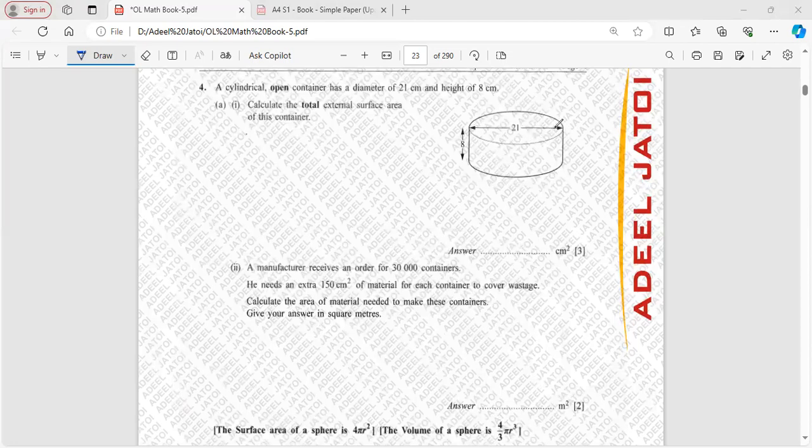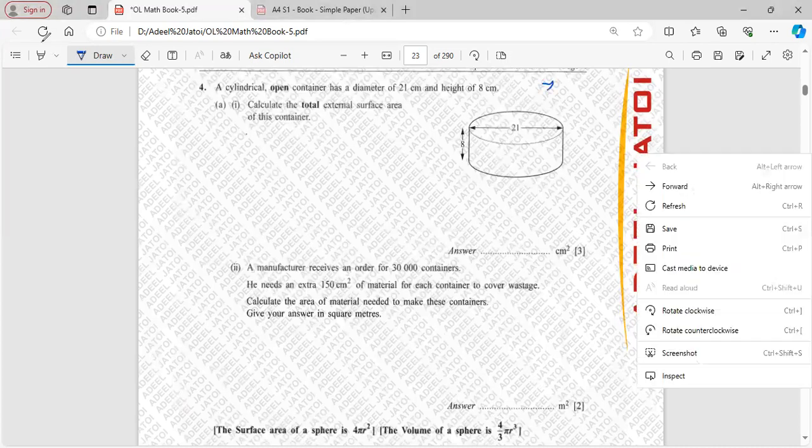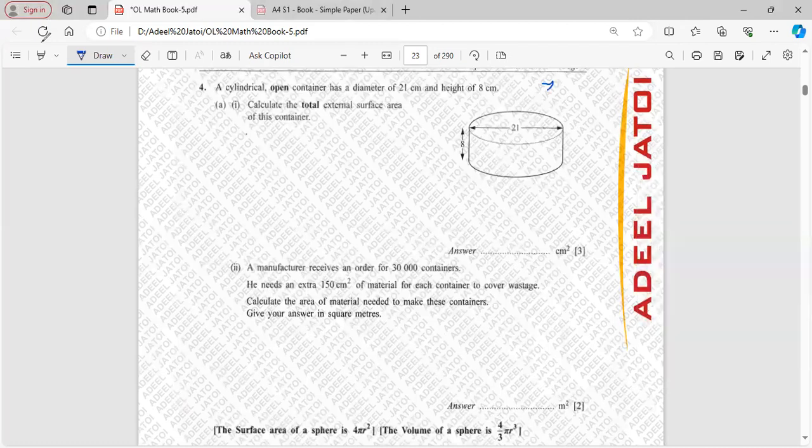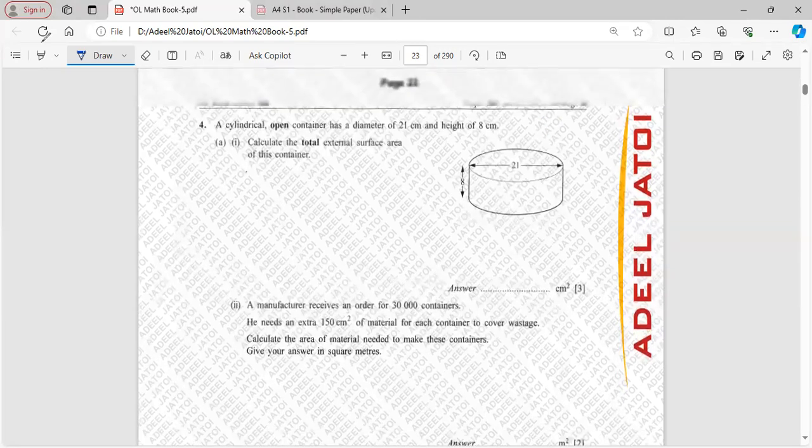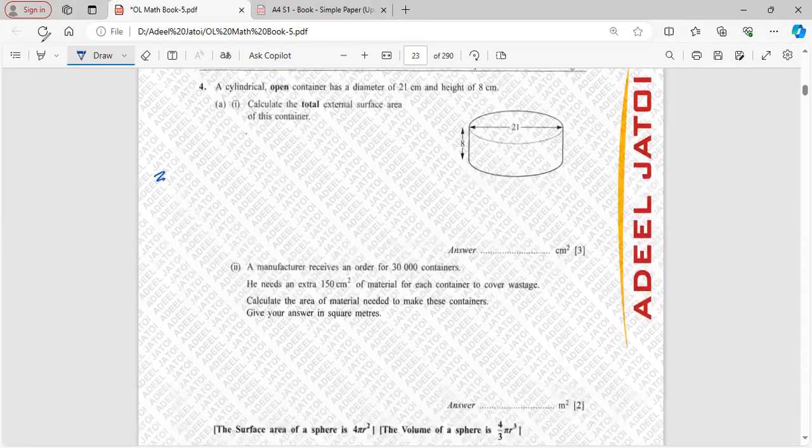So, if the diameter is 21, the radius is going to be 21 divided by 2, that is 10.5. So we know the radius is 10.5 here.